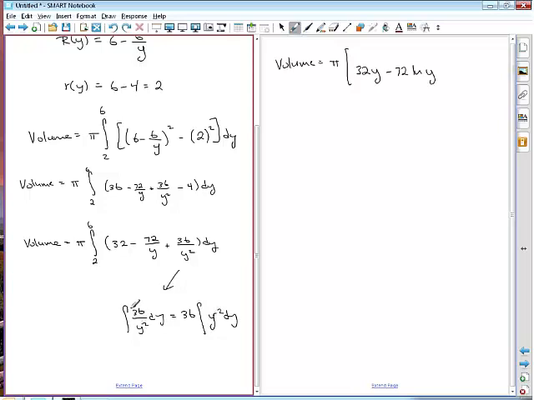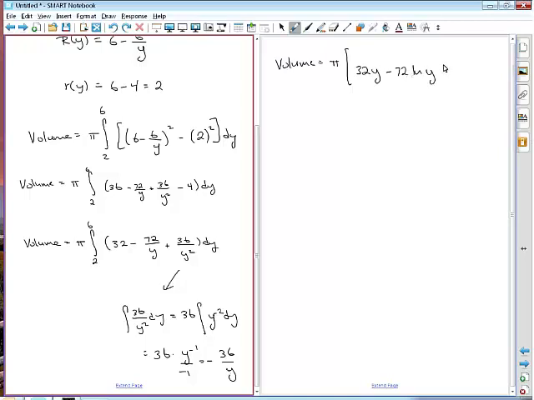So I've taken 36 out of the integral sign, and then I've changed this from a positive 2 in the denominator to a negative 2 in the numerator. So when you integrate that, you'll get 36, and you add 1 to the exponent, so you get y to the minus 1 divided by minus 1, and so you get negative 36 times y to the minus 1, which is the same as dividing by y.